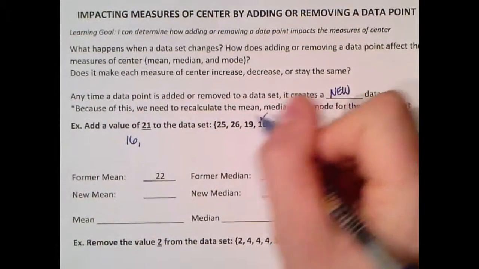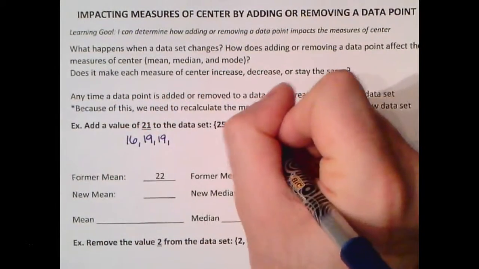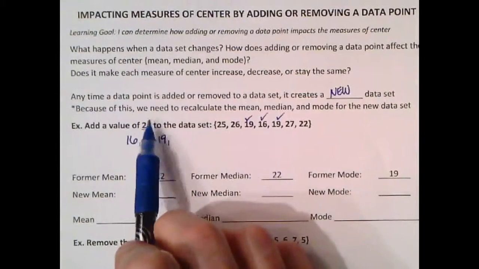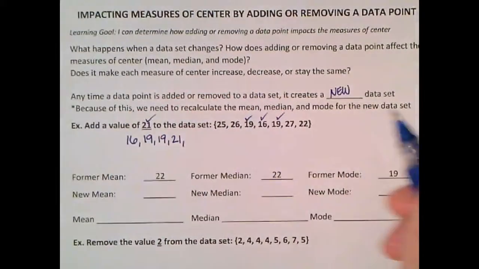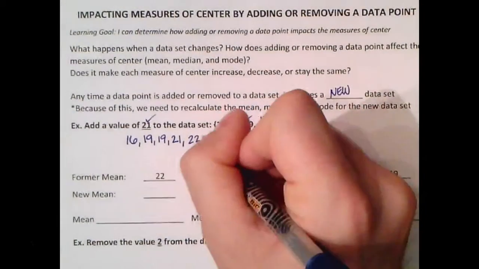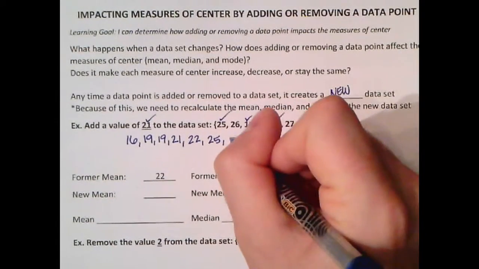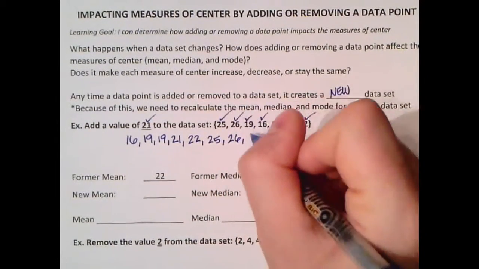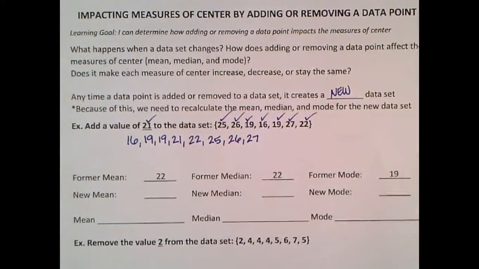So I've got 16, two 19s here, my new value of 21, can't forget that, over here 22, 25, 26, and 27. So that's my new data set.